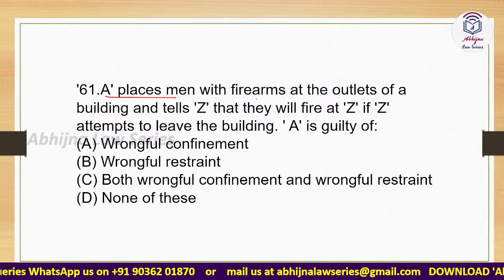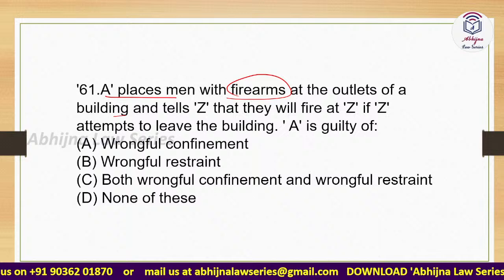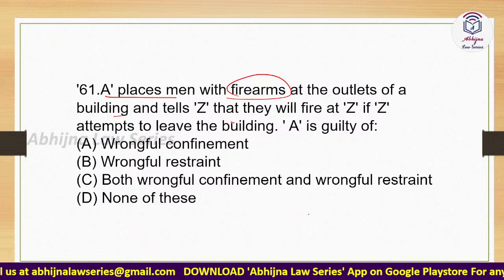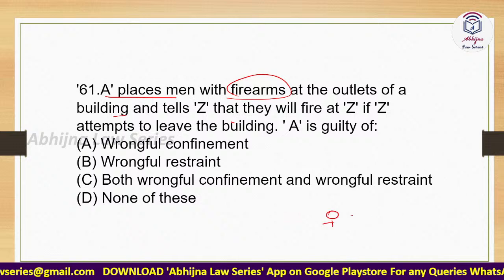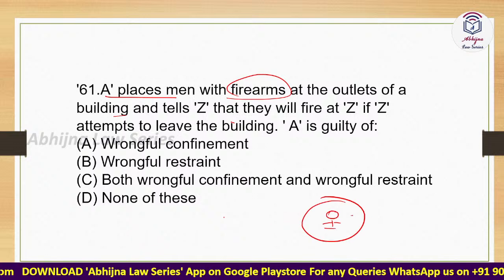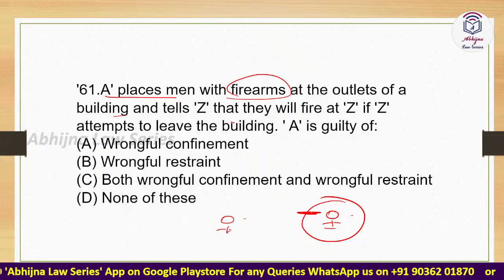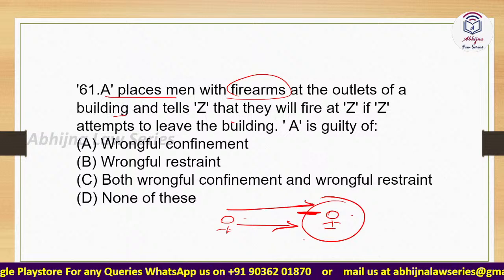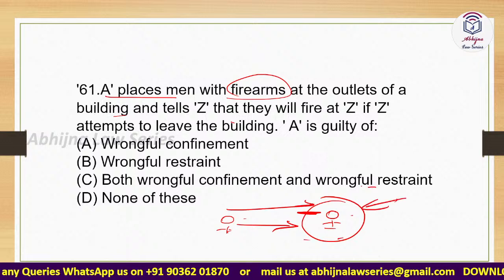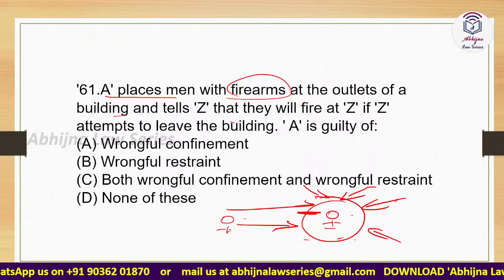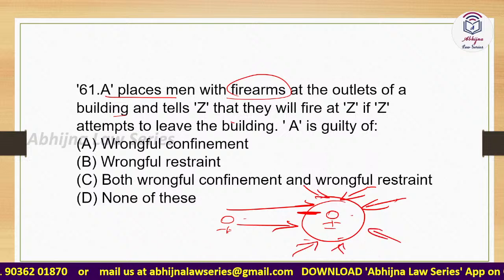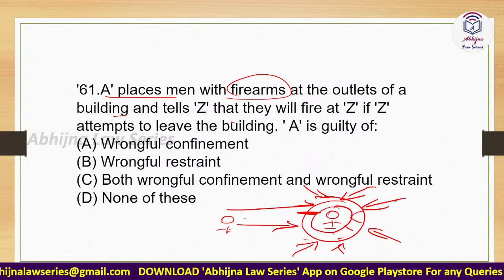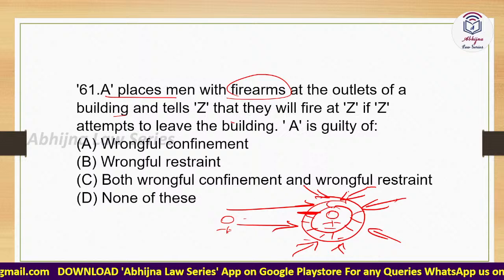A places men with firearms at the outlets of a building and tells Z that if you leave this place, I will shoot at you, I will fire at you. So how can he leave? He is surrounded by the guns. This is a kind of wrongful restraint, and if a person is barred from moving in any direction, that is said to be confinement.